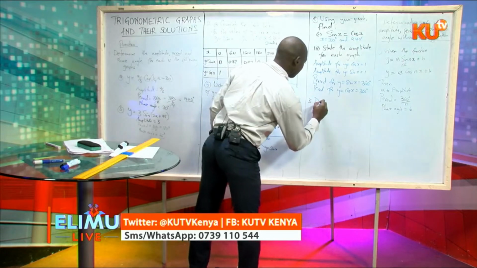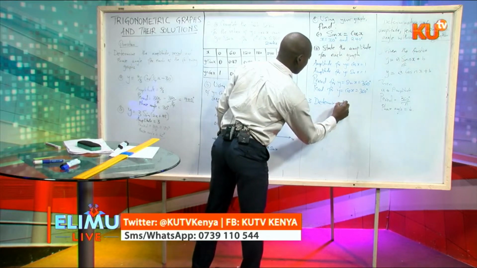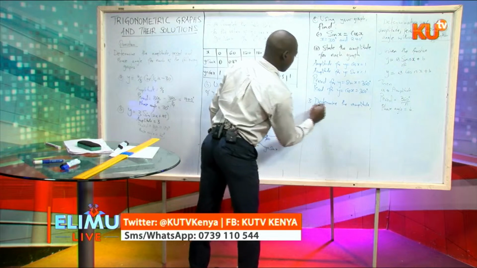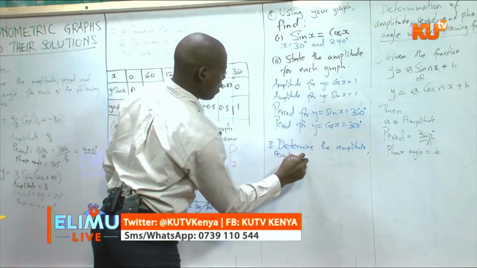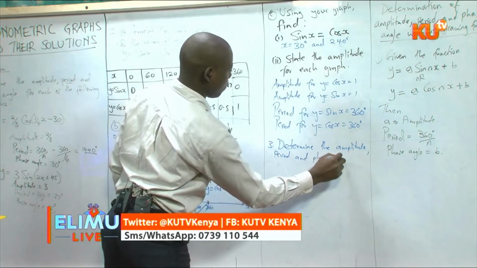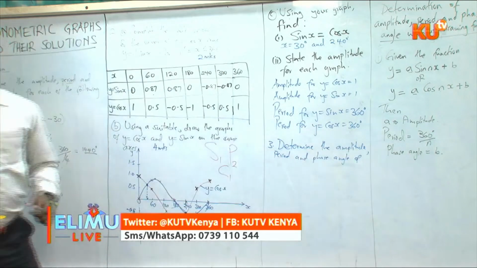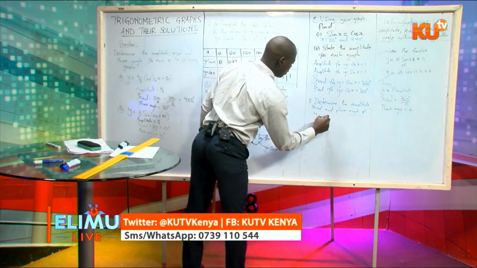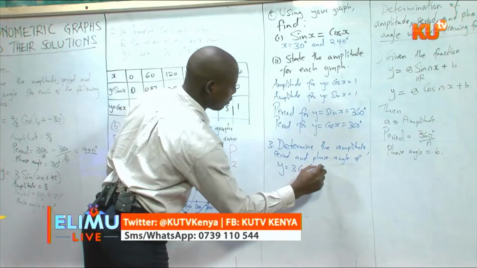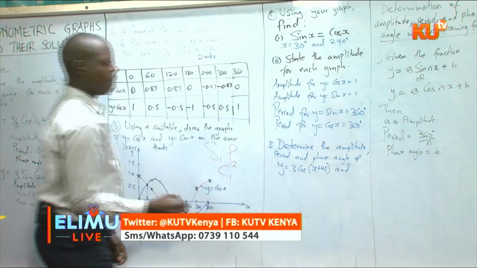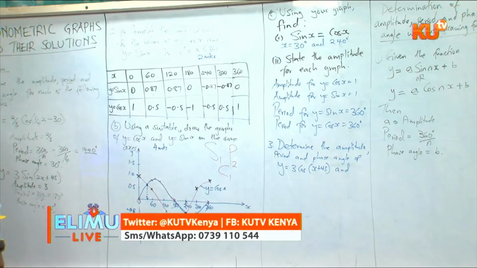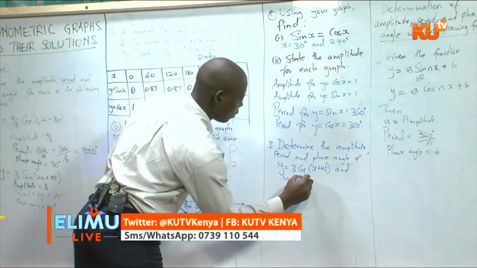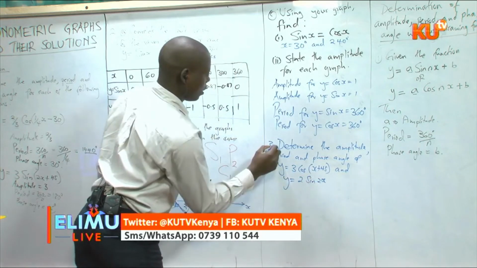You're told determine the amplitude, period, and the phase angle of y is equals to 3 cos (x + 45), and y is equals to 2 sin 2x. That is part A.